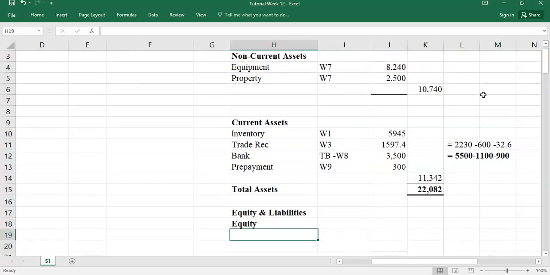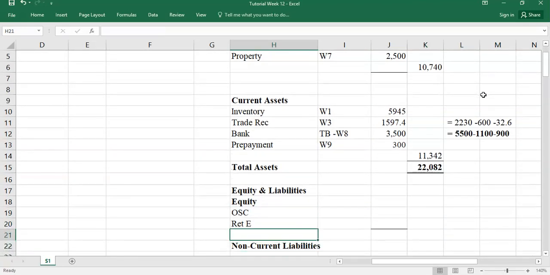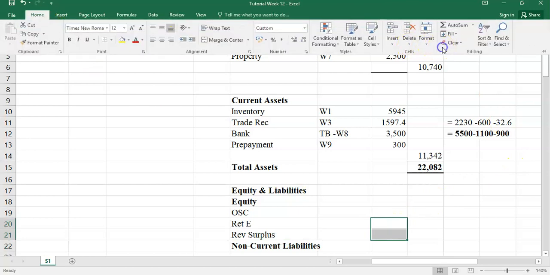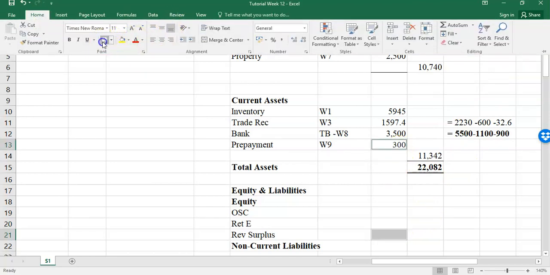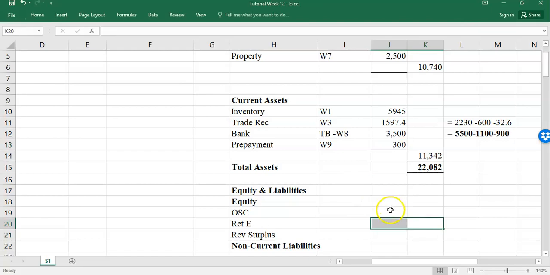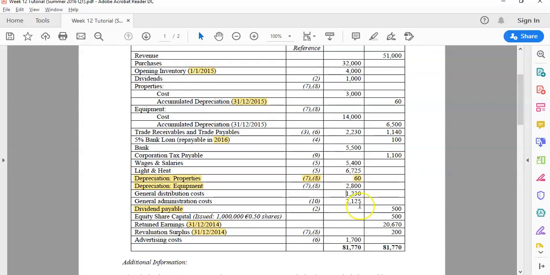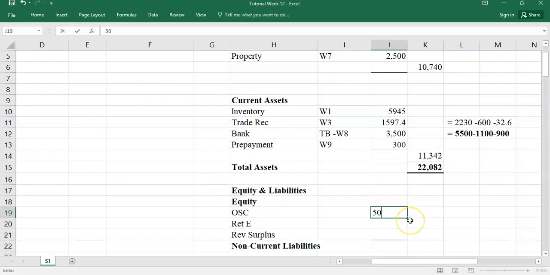In the equity, we've ordinary share capital and retained earnings. And just for completeness, we will show the reval reserve as well, reval surplus, because it's important to remember that if the reval surplus is nil, it still has to be shown in the statement of change in equity. So it's important to probably leave it in here so you'll remember to put that in as a column in your statement of change in equity. Ordinary share capital hasn't changed. It still is 500. Retained earnings, be careful now.